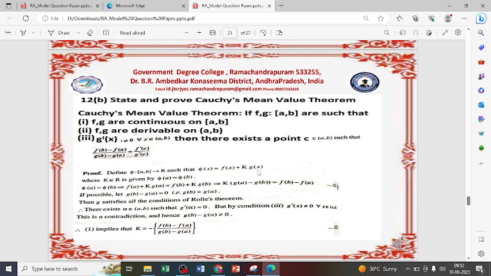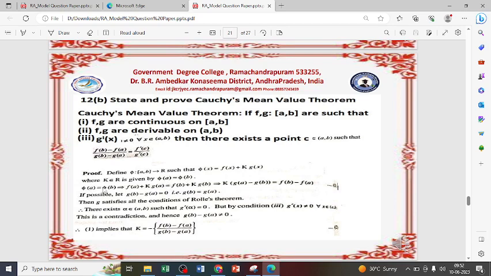So we are including both functions f and g. f(x) is added to k times the second function g(x), where k is a real number. And we are also assuming a particular condition, that phi(a) equals phi(b).